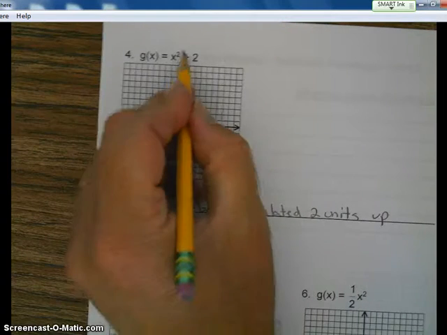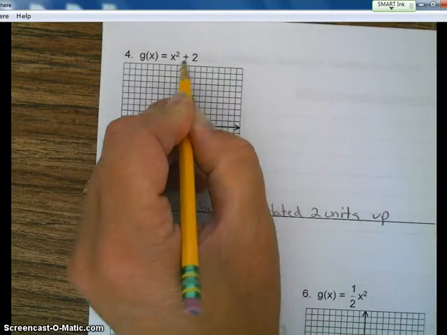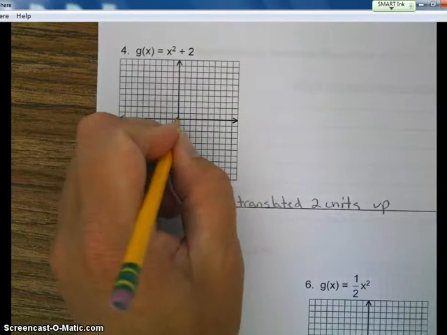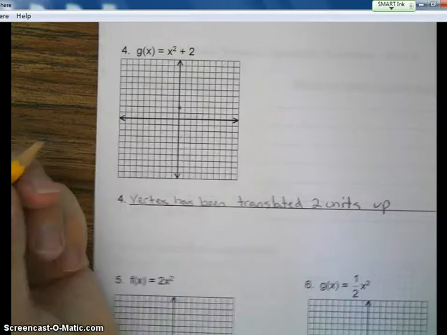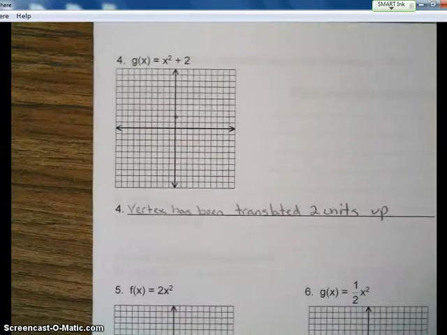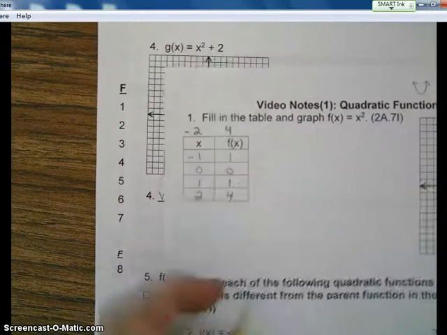Notice the parabola is the same, but it has been translated 2 units up. If we take that vertex and move it up 1, 2, we can then just use the same points that we had on the original table for the parabola.